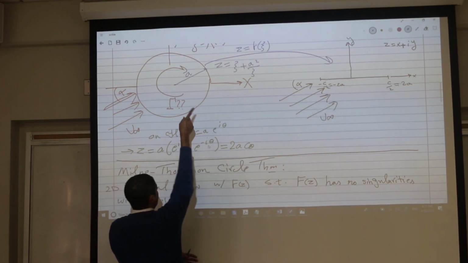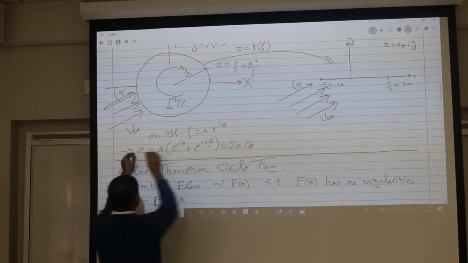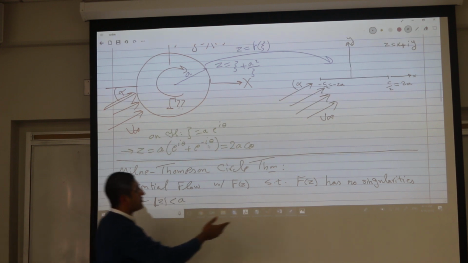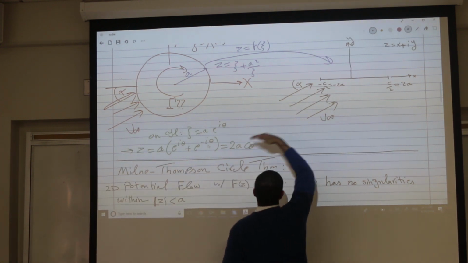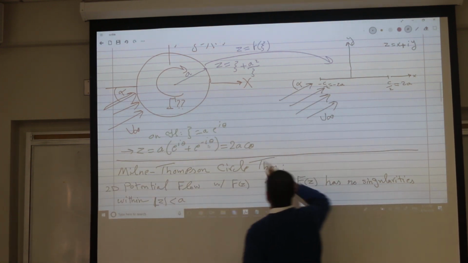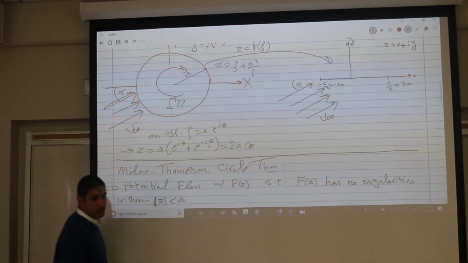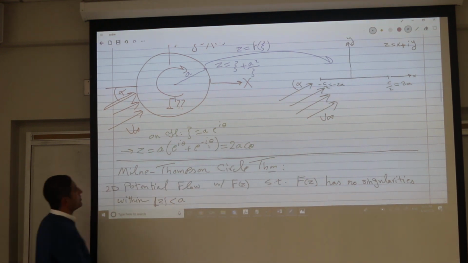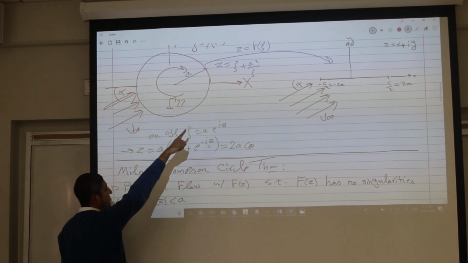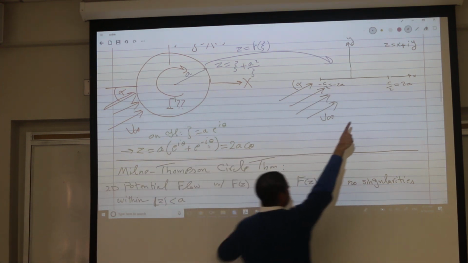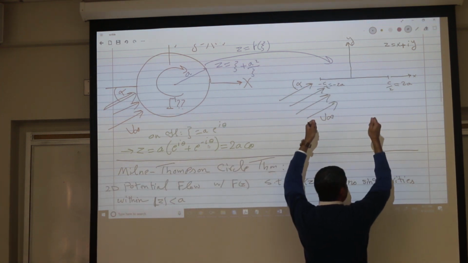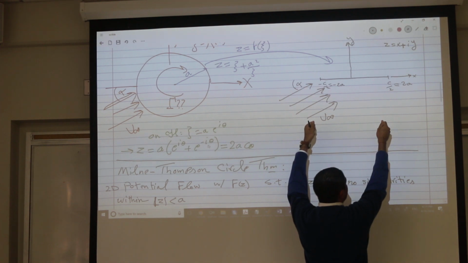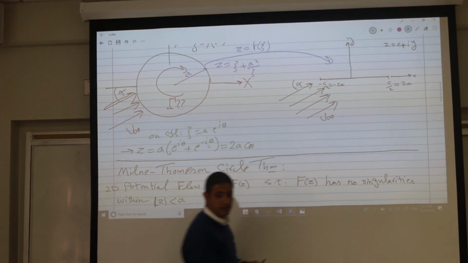Give me any theta on the cylinder, and I give you just a real number. So all the points on the upper surface map to all the points on the lower surface, and vice versa. So the thickness is 0. A cylinder of radius a through this transformation maps to just a straight line of length 4a. Okay?